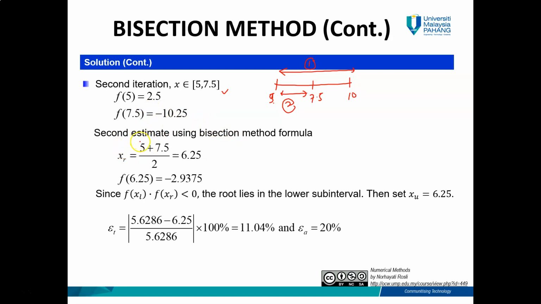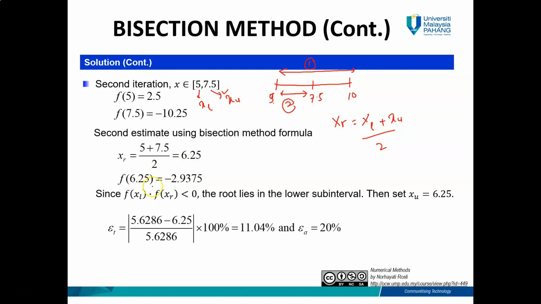So now class, we need to estimate our new XR using the bisection method, which is XR equal to XL plus XU divided by 2. So now we have our new XL, this is our new XL, and this is our XU. And now we compute our XR. We get here 5 plus 7.5 divided by 2, 6.25.